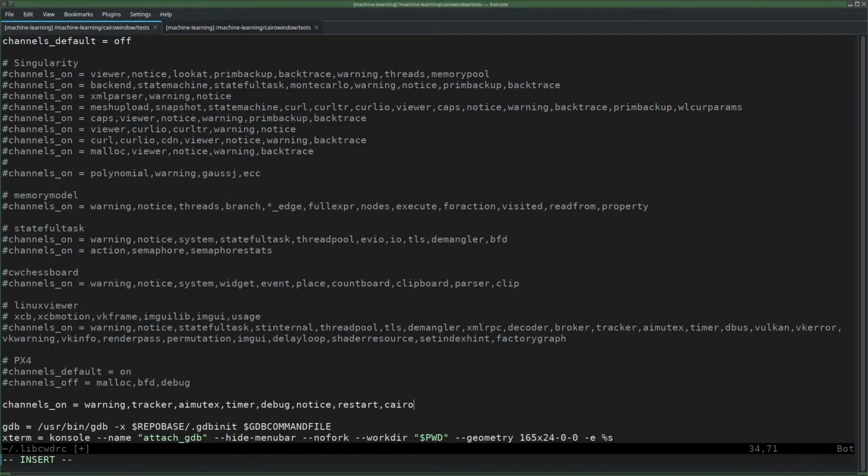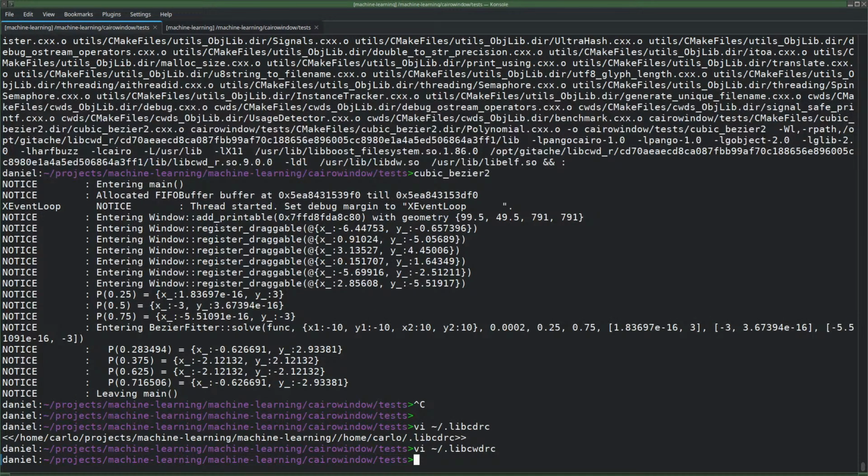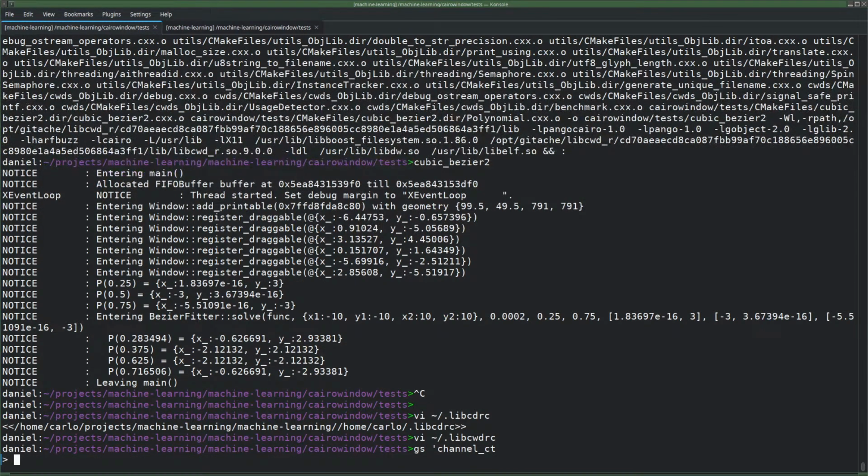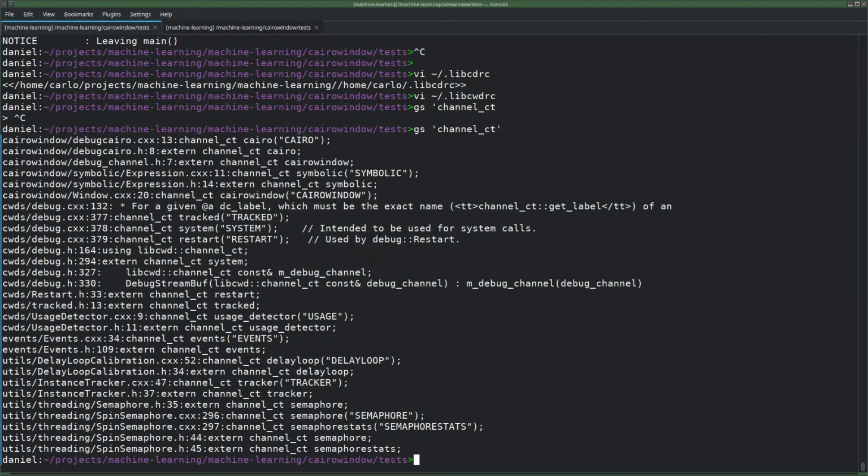Okay, the Cairo. Something, maybe. Cairo window as well.